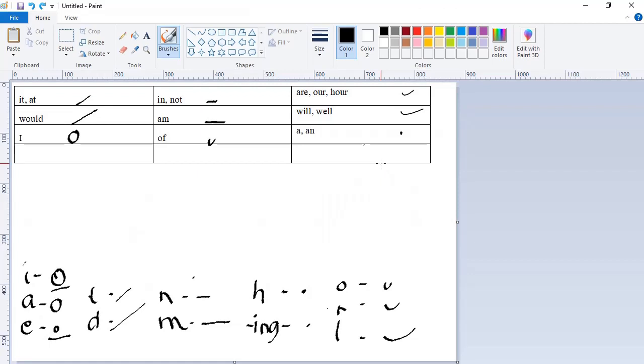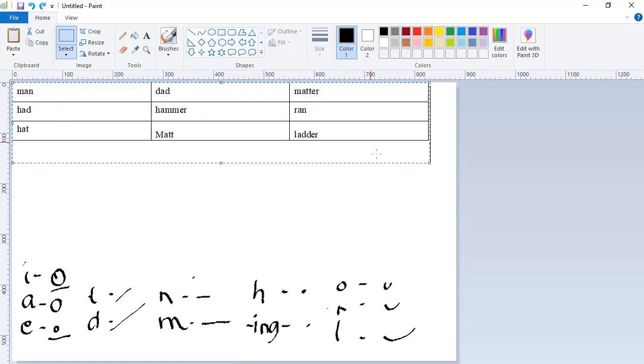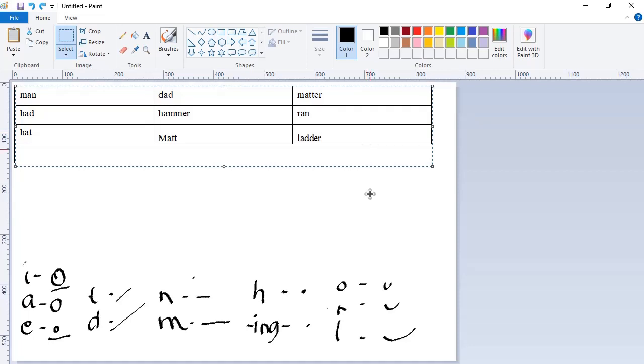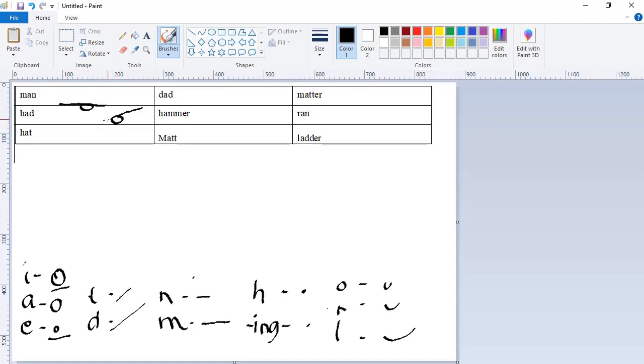So, A and A have the same stroke. Unlike ng I and E na merong magkaibang stroke. So, when you say man, ang stroke ng man is m, a, n. Man. Next, had. We have a, d, and then your H. Next, hat. We have a, t, and then your H.